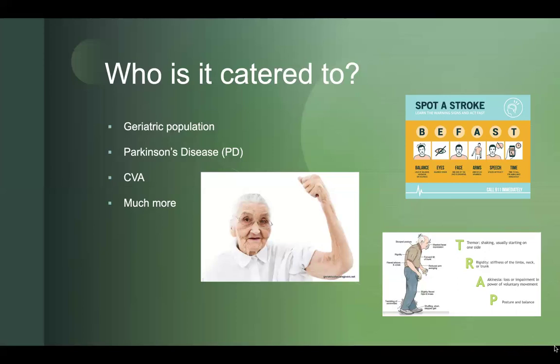And with the CVA, with the post-stroke patient, their fall risk is due more to cognitive impairment. After a stroke, it can affect their attention, their orientation, as well as their balance.